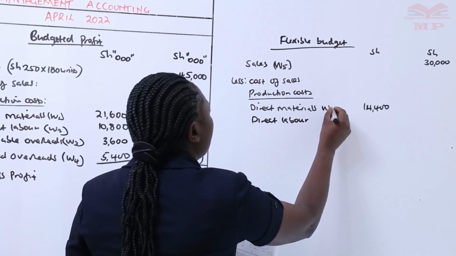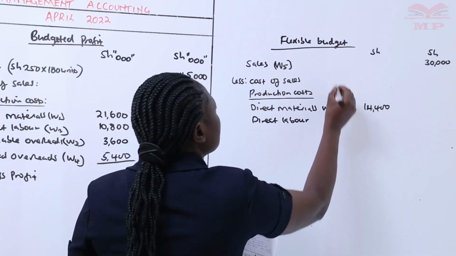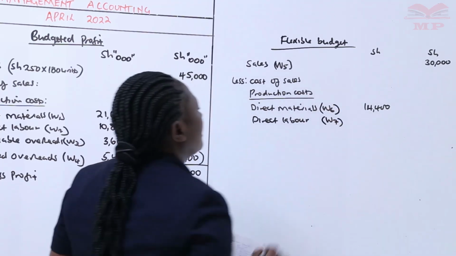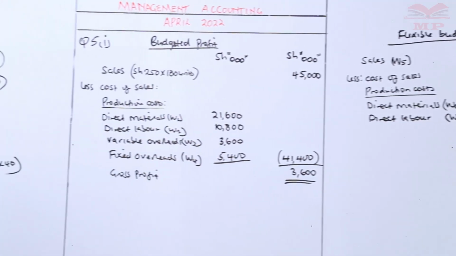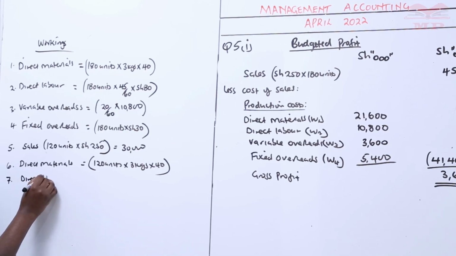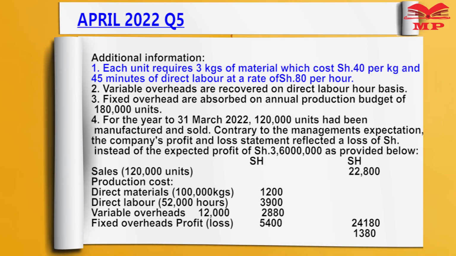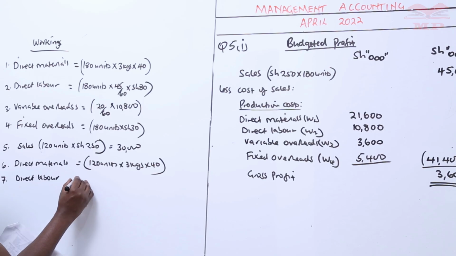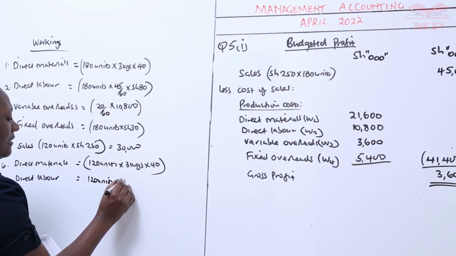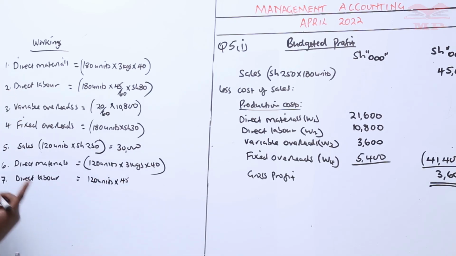We also have direct labor. This will be working number 6. We are told 45 minutes of direct labor at a rate of 80 shillings per hour. So we have 120 units that were produced, and 45 minutes are used to produce 1 unit.